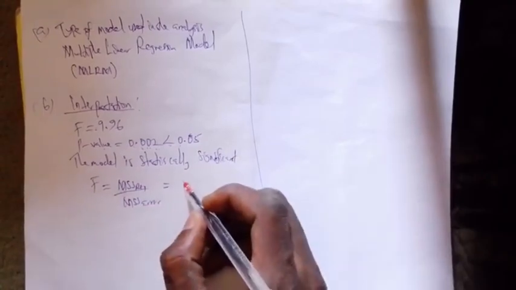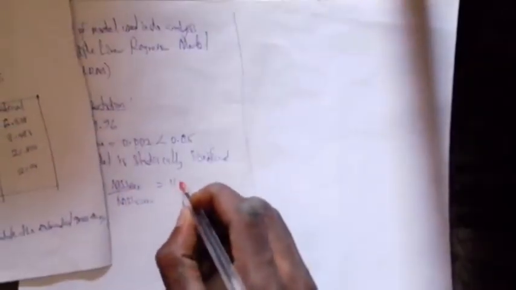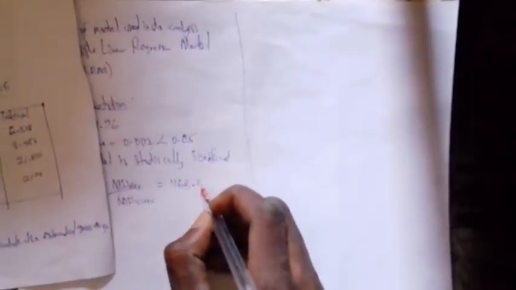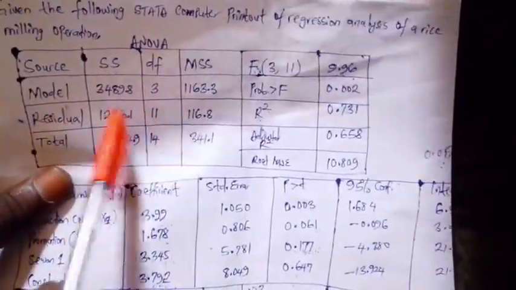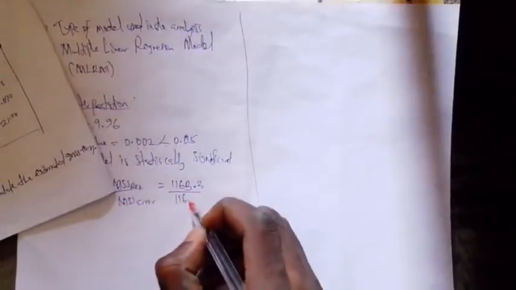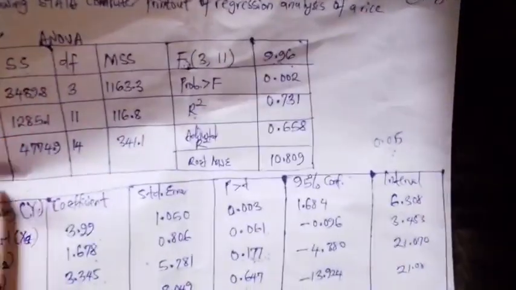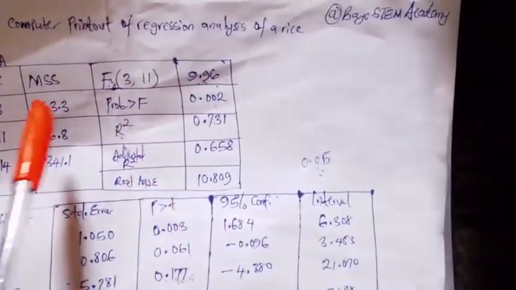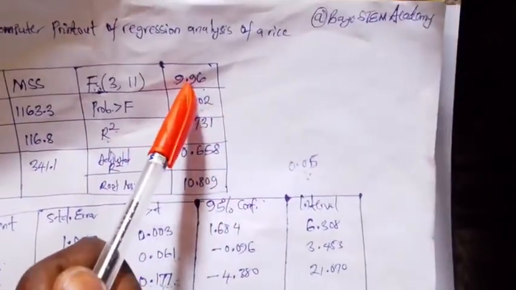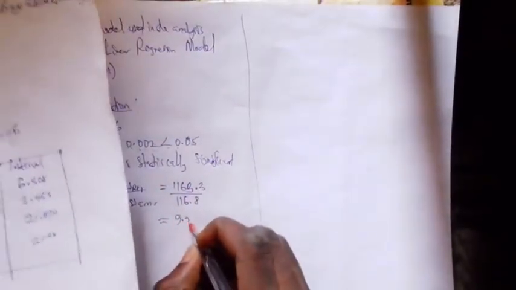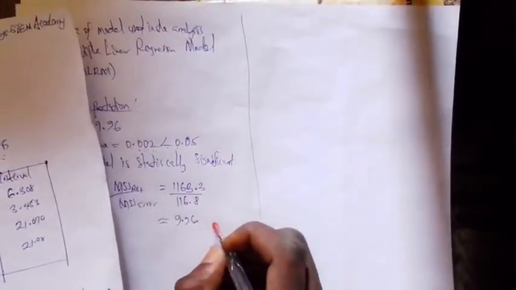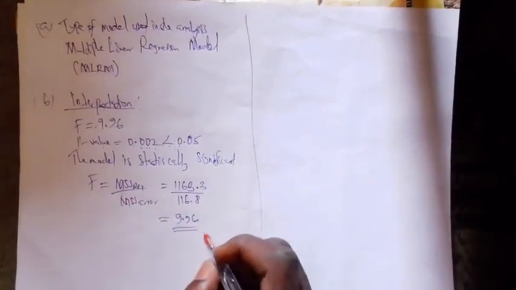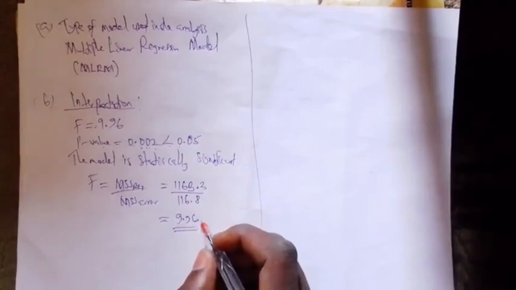MSS regression from this table is 1163.3, divided by MSS residual, 116.8. If you divide this, you are going to get 9.96. So that is the final answer.